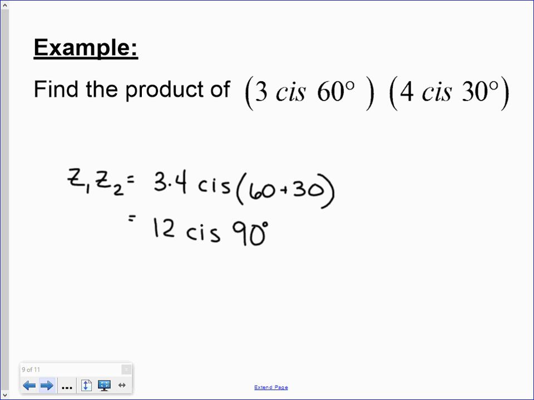90. If the directions in the textbook say leave your answer in trig form, leave it alone. So this is trig form. If the directions in the textbook say write it in rectangular form, then you've got to expand it and evaluate the cosine and the sine of 90. And so I could do 12 cosine 90 plus 12 times i sine 90.